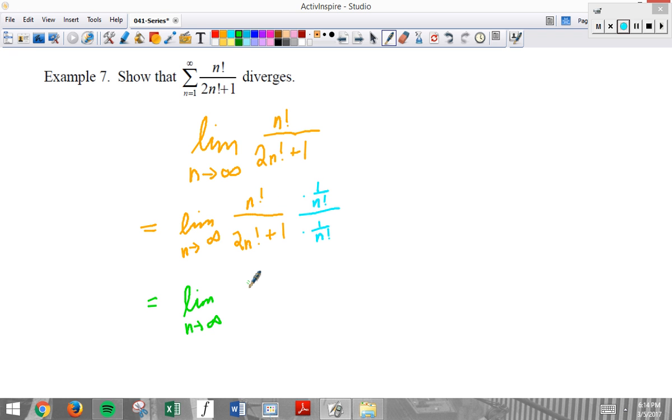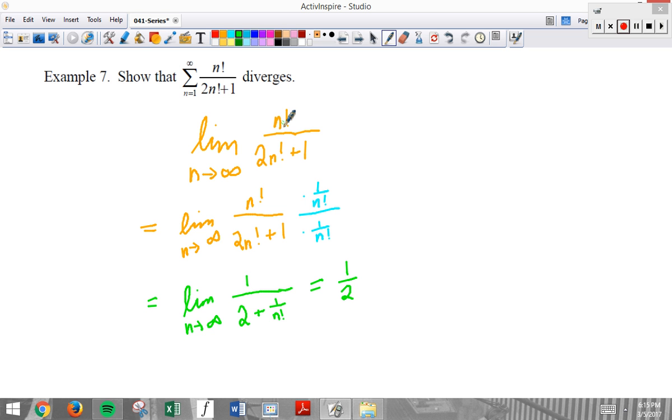1 over n factorial times n factorial is 1. 2n factorial times 1 over n factorial is 2. So plus 1 over n factorial. As n goes to infinity, n factorial is getting humongous. 1 over something humongous is really close to 0. So we get 1/2.